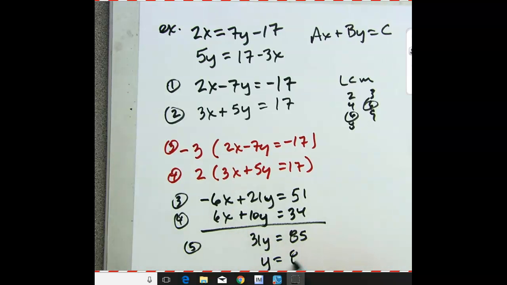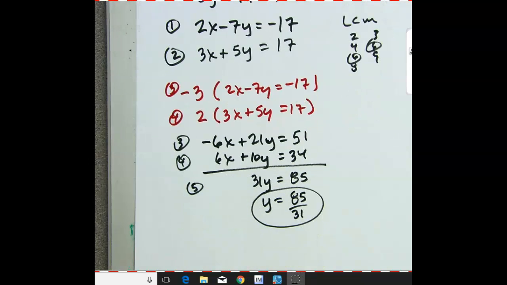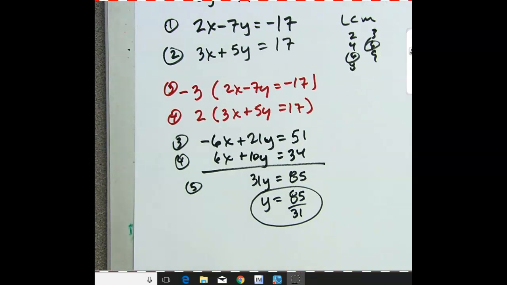y is equal to 85 over 31. All right, which one of the equations do you want to substitute 85 over 31 into? Because we still need to find x.